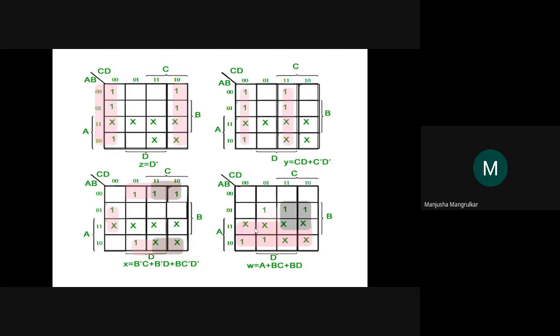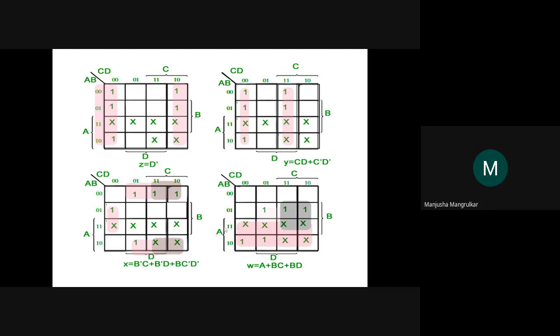Now we will see how we join these to minimize the equation. All these are don't cares, so we can group all 8 cells together, because a don't care can be a 0 or a 1. So this block minimizes the maximum 8 cells together.